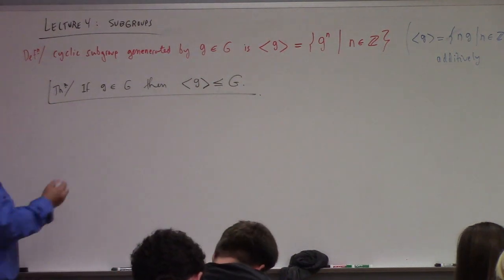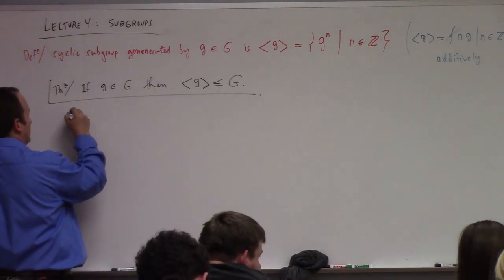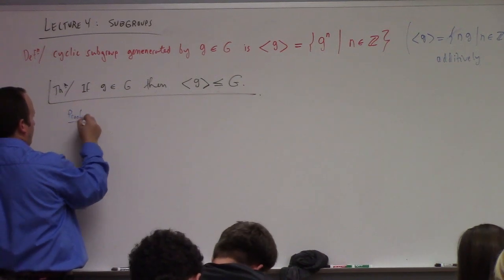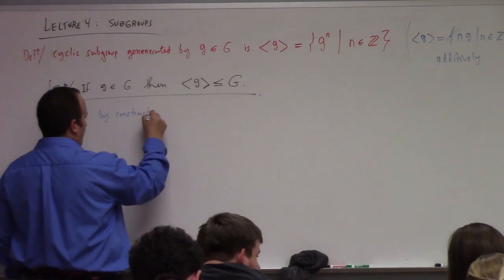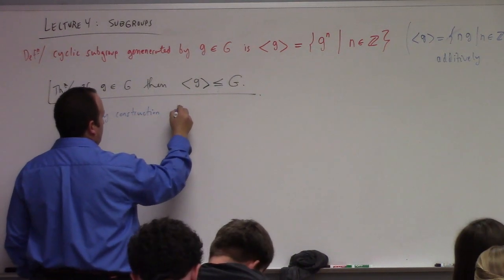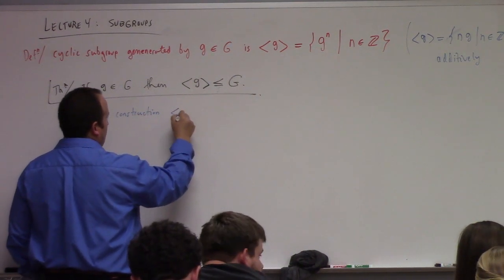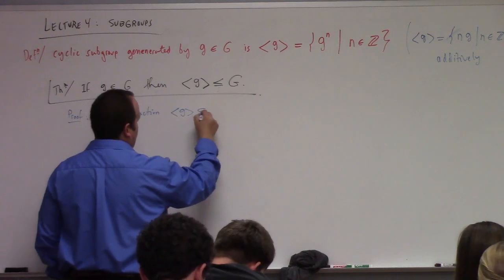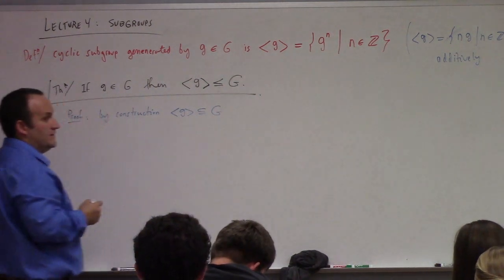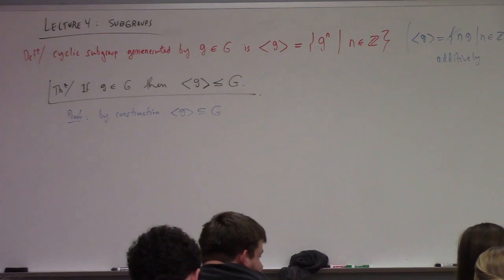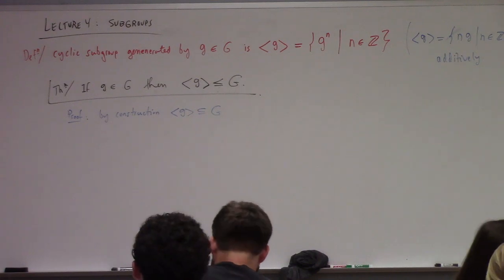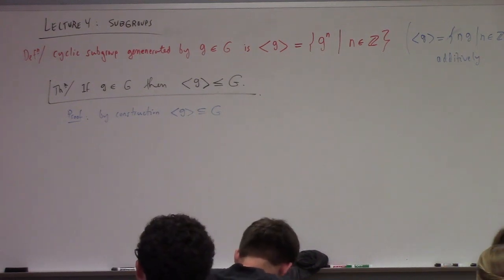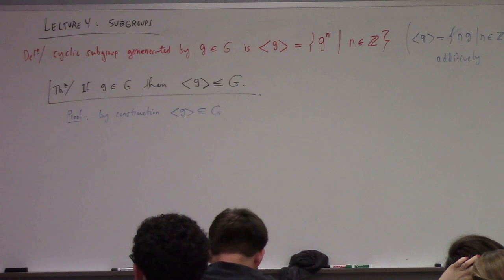First of all, by construction, this is a subset of G, right? Because if you look at it, we're looking at powers of g. Is there any way you can take a group element and power yourself out of the group? No. So g to the n is necessarily in G already. So it's definitely a subset.